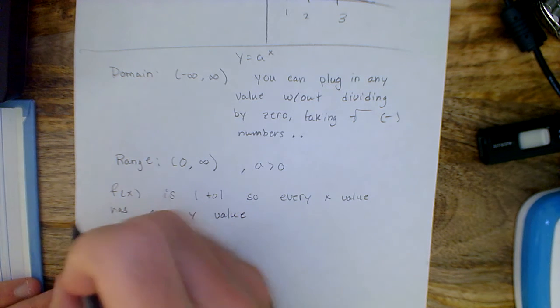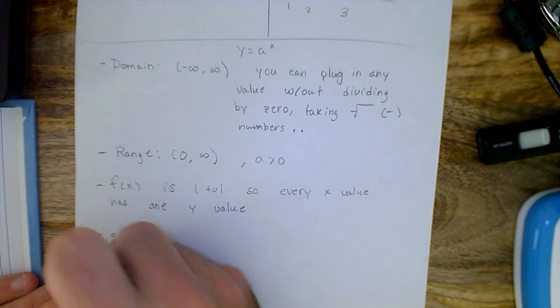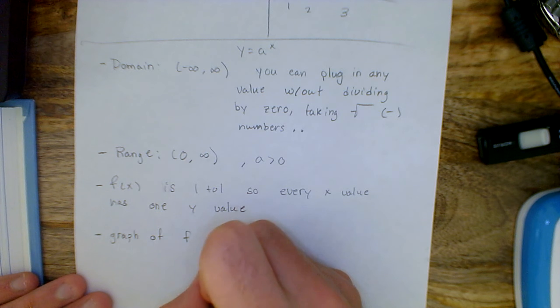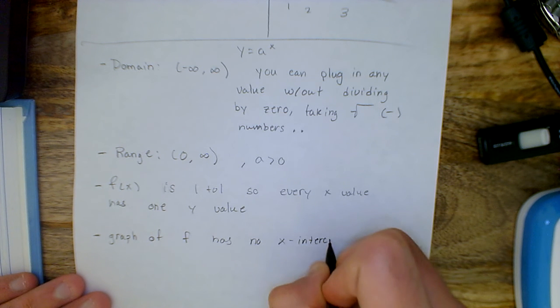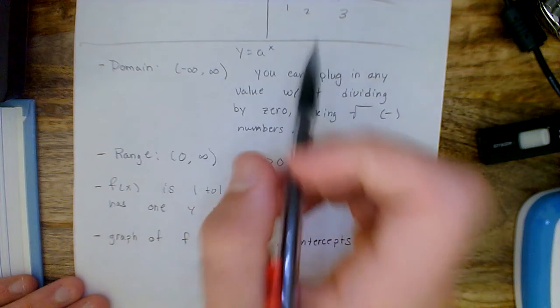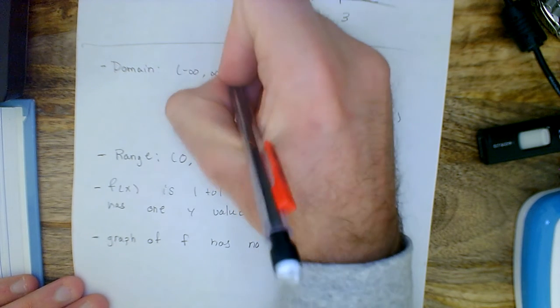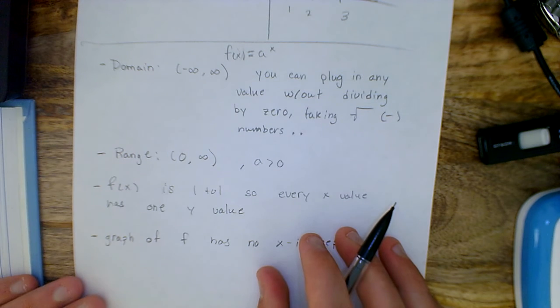Another property is that the graph of f has no x-intercepts. Remember, sorry, I should write this as f of x. That's only if it's in the form a to the x. We're going to introduce some ways you can modify these exponential functions, but for this particular f, we have no x-intercepts.